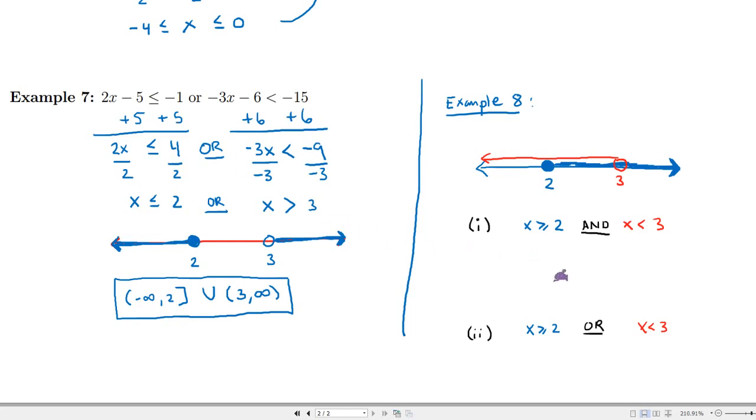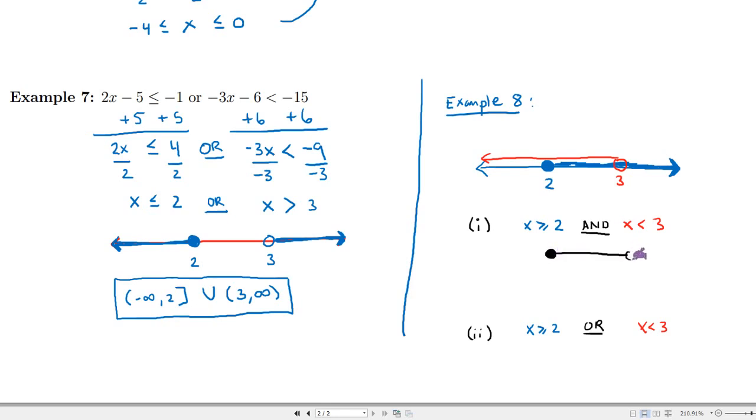Now, if we combine them as an and, what would this look like? Well, we're considering where these intersect. So we want to be in both. So that would look like this, right?